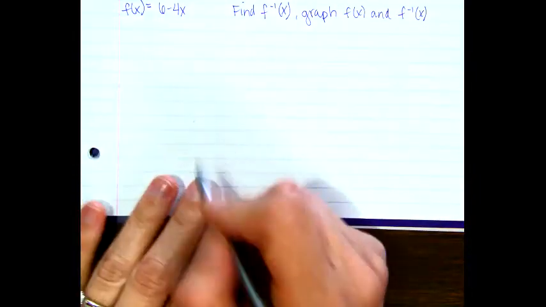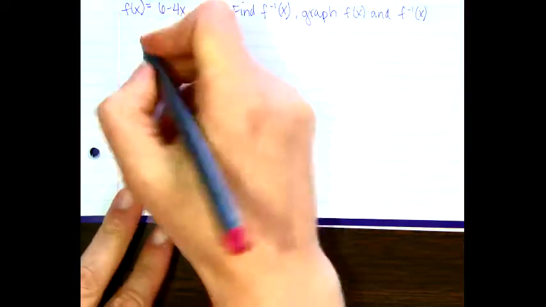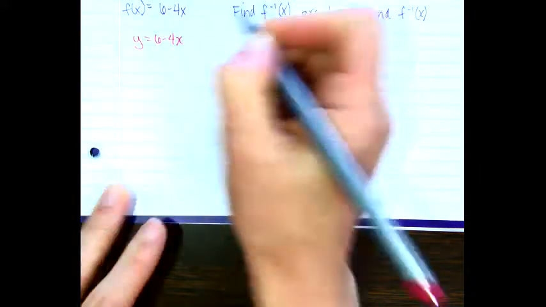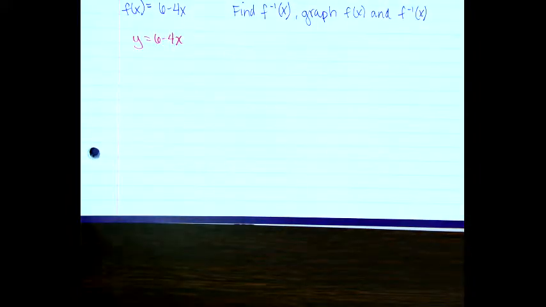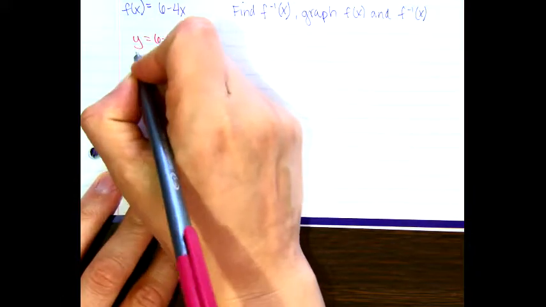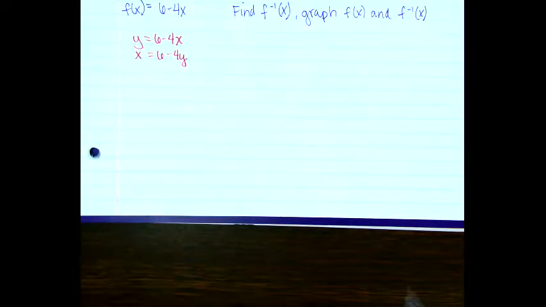So we're finding the inverse of this function. My first step is going to be to write it with a y instead of f of x. So y equals 6 minus 4x. And then really, from here, I just do what I was doing before. I switch my x and my y. X equals 6 minus 4y.